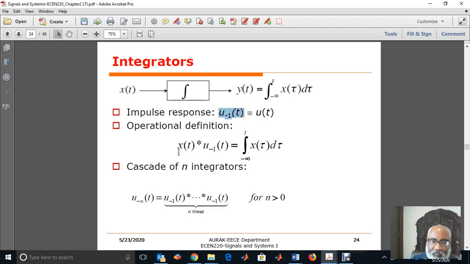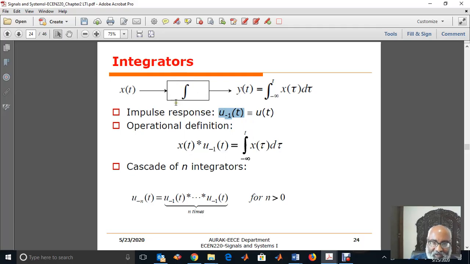If I convolve x(t) with u minus 1(t), which is the unit step, I will have the integral from minus infinity to t of x(tau) d tau. Remember this system? This system is an integrator. So the impulse response of an integrator is u(t), the unit step function.